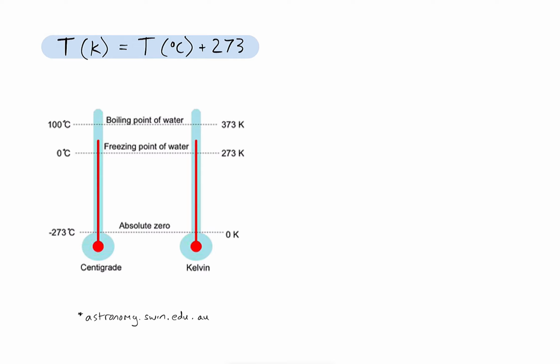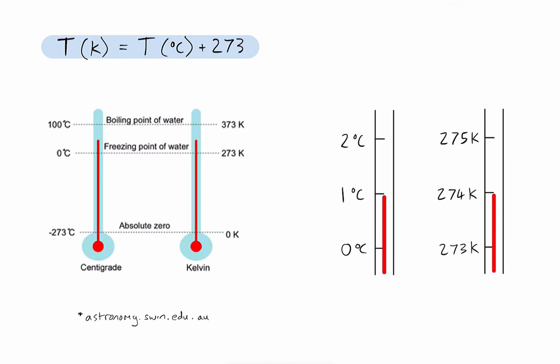So let's zoom in a little bit on those thermometers to identify another key point here. Here's two thermometers in the same substance. You'll see in degrees it's got a measurement of 1, and in Kelvin it's got a measurement of 274. Now if I were to heat my substance slightly and watch the temperatures go up on the thermometer, you'll notice they've gone up by the same amount, and if I look at the actual gaps between the numbers, on the left thermometer, the degrees centigrade, it's increased by 1 degree centigrade, and on the right thermometer it's increased by 1 Kelvin.